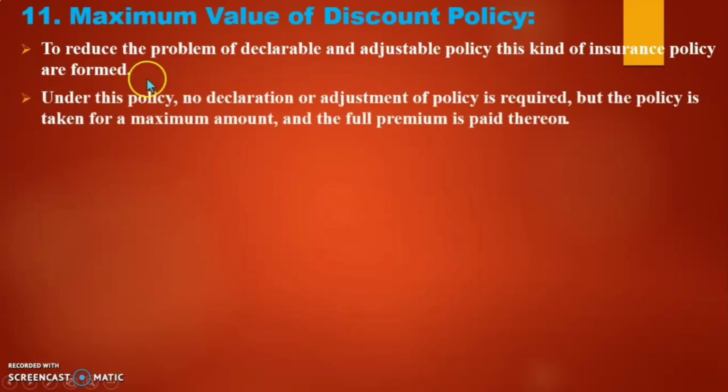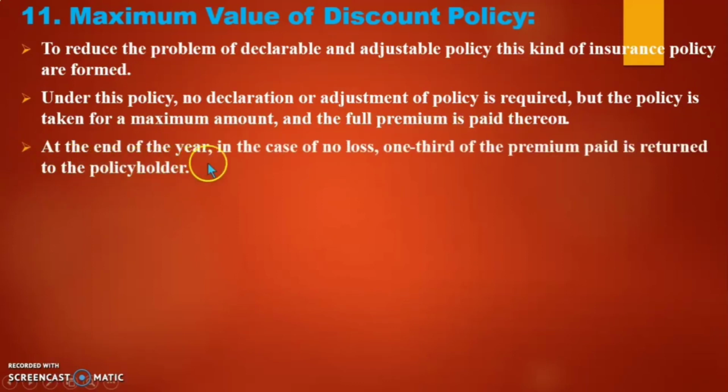Under this policy, no declaration or adjustment of policy is required, but the policy is taken for a maximum amount and the full premium is paid thereon. At the end of the year, in case of no loss, 1/3 of the premium paid is returned to the policyholder.